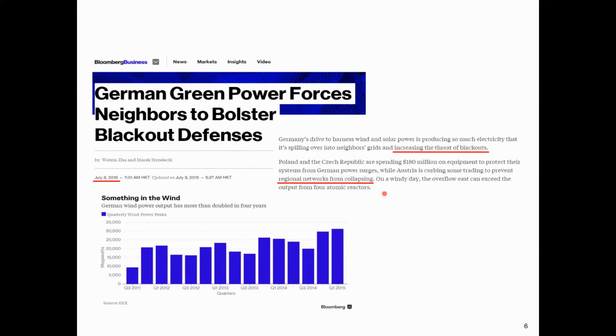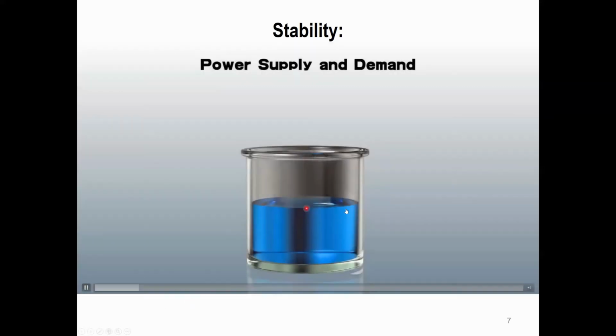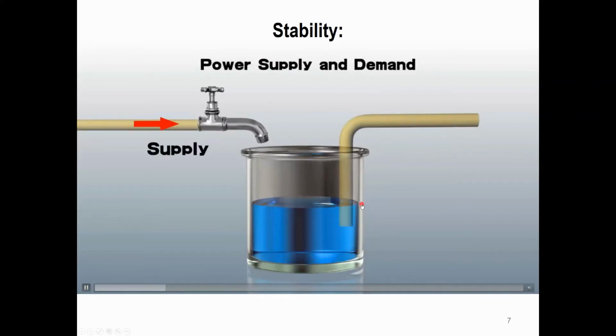Because one fundamental requirement of power system stability is to balance power supply and demand in real time. Okay, so the question we need to ask is how much percentage of wind and solar power we can achieve without causing instability. So if we look at a basic concept through this simple video, if we consider the water level as the voltage or the frequency, to keep the water level stable, we need the supply and demand to be equal.